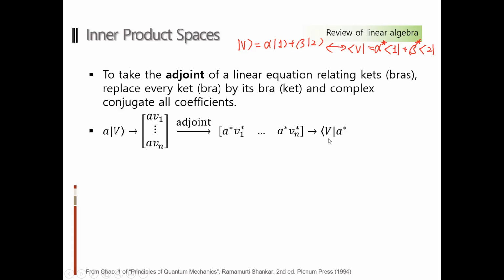So that's another way to prove that whenever we have this kind of relation, we should not forget about taking the complex conjugation of the coefficient. And again, this result keeps repeating. They are the adjoint relation of each other.